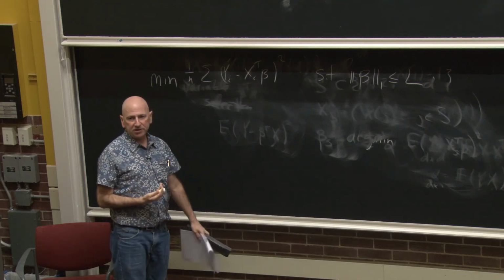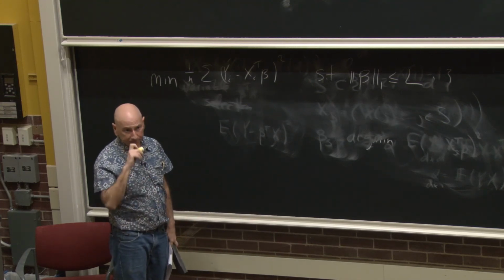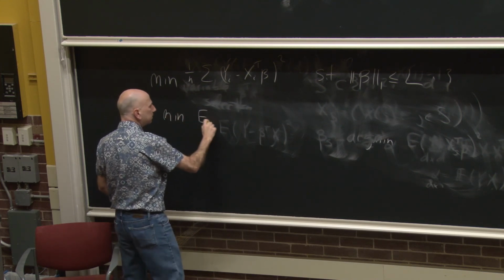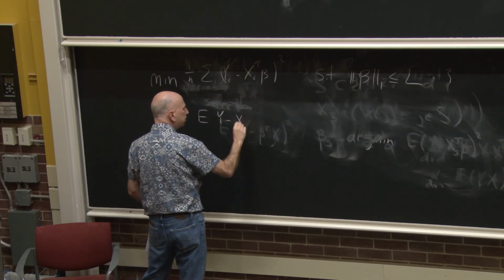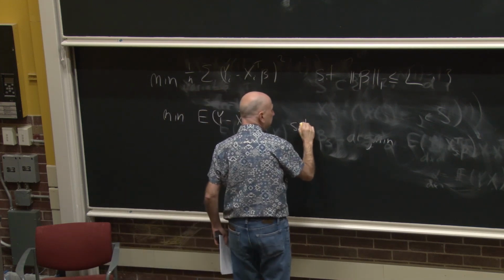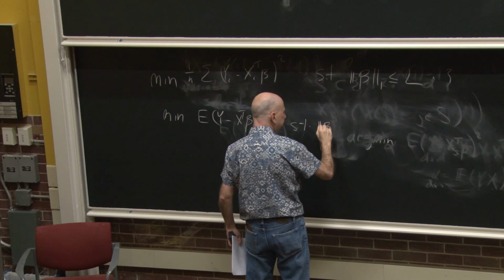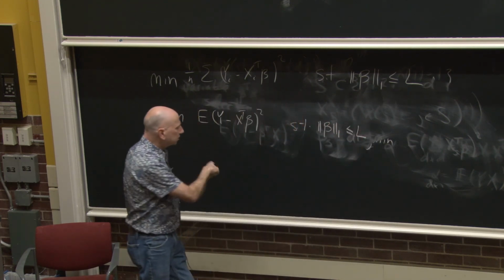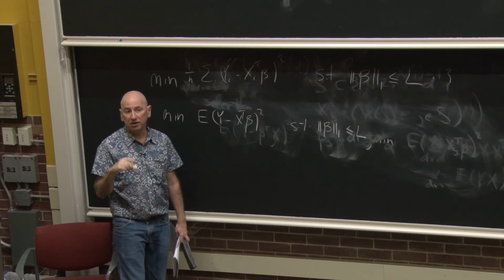Well, what would the population version be? What would be the best you can do? It would be to minimize prediction error, the true prediction error, subject to that constraint. We'll call that the best sparse linear predictor.